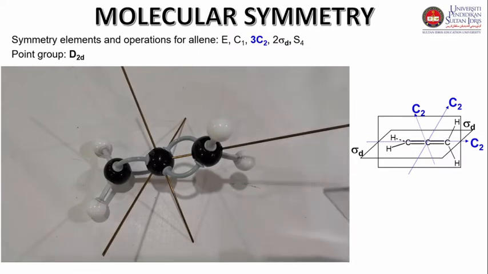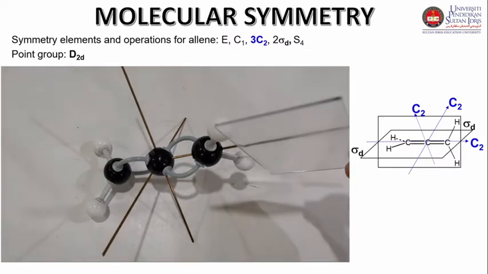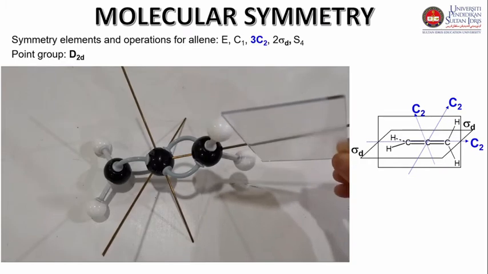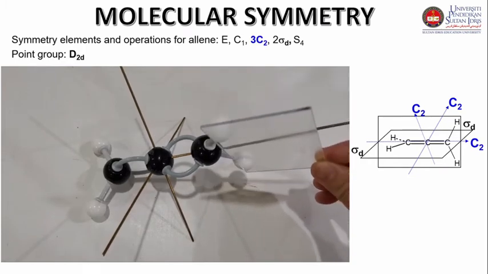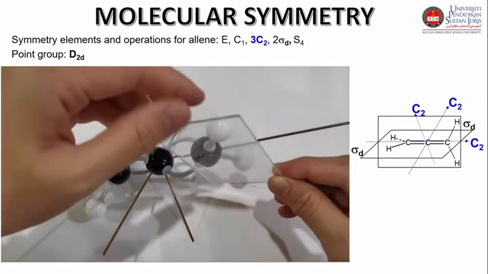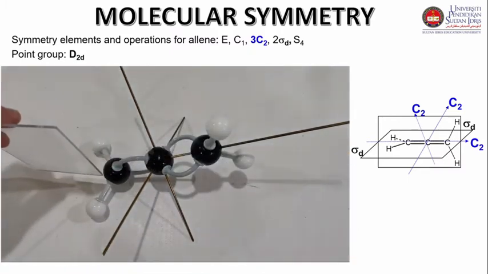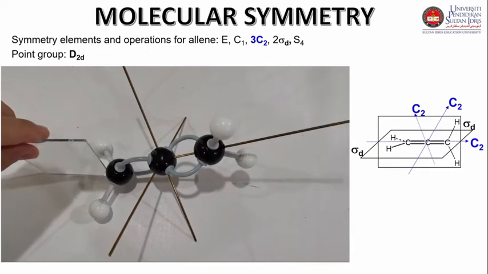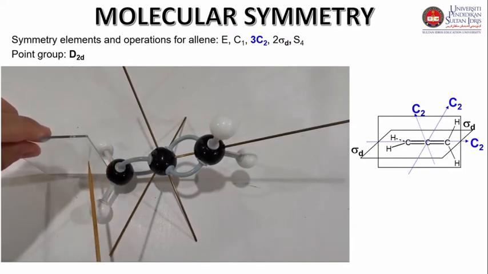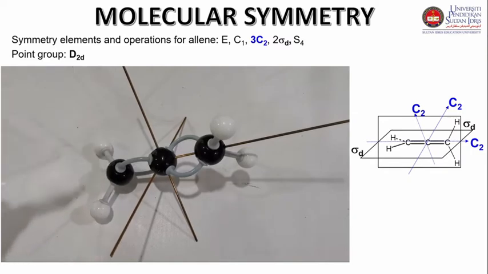Now we check the planes. If we pass the plane through this axis, we can clearly observe that this plane obtains an equivalent configuration after the reflection, and this plane bisects our molecule. This is the equivalent configuration after the reflection through this plane. So this plane exists here.